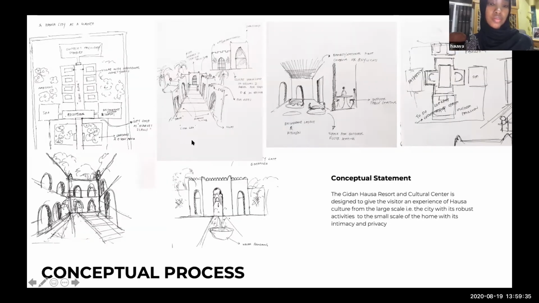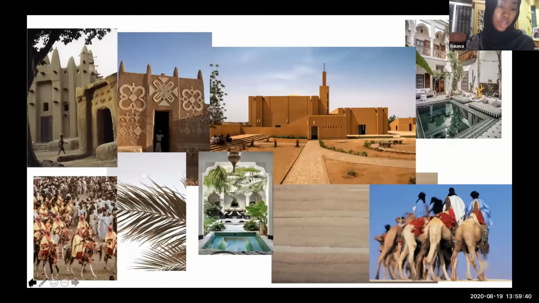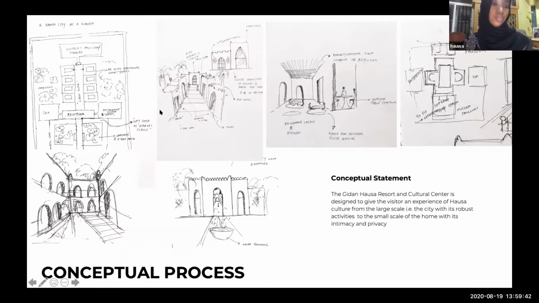So these are just my sketches, sorry, as I went through the process. Like I said, I was trying to create sort of a mini Hausa city at a glance for the visitor.